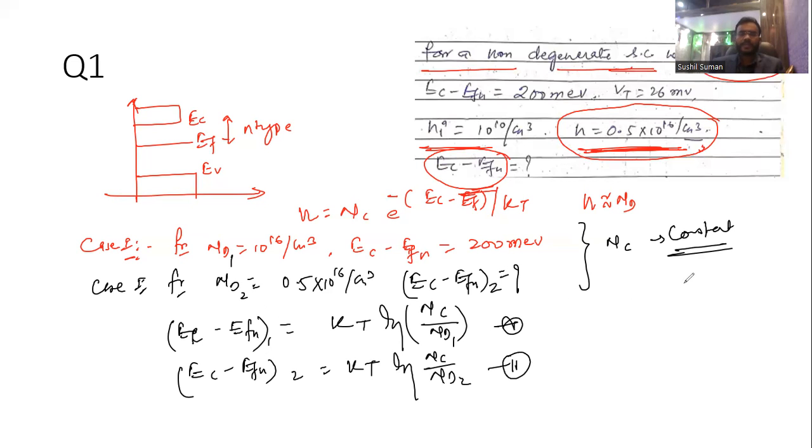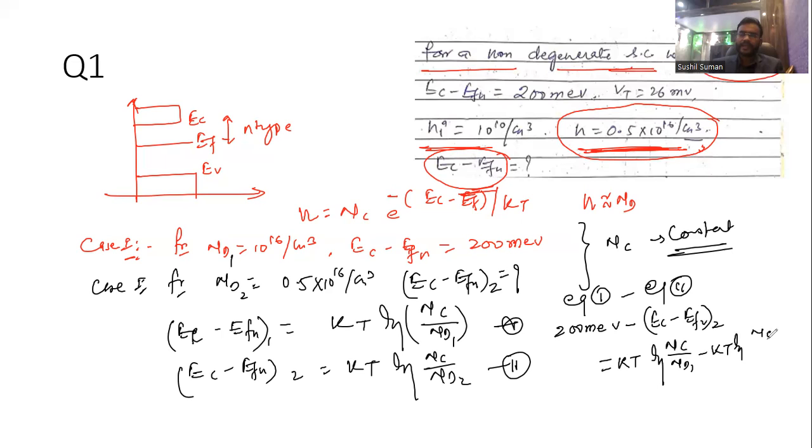Equation 1 minus equation 2: 200 milli electron volt minus (EC minus EF2) is equal to KT ln NC upon ND1 minus KT ln NC upon ND2. This is ln A minus ln B, so solving it, 200 milli electron volt minus (EC minus EF2) equals KT ln ND2 upon ND1.